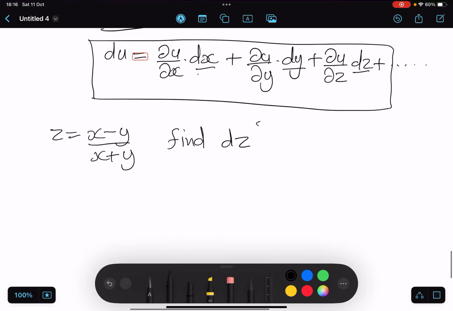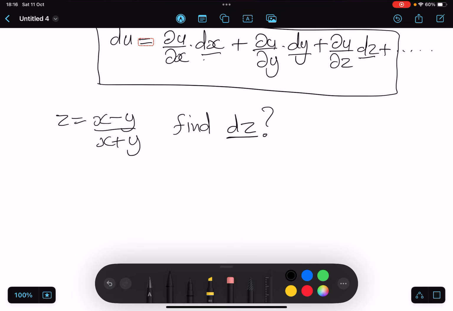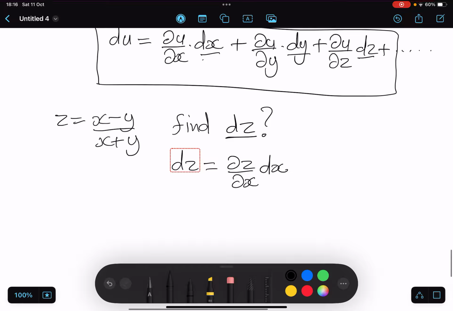So how do you find dz? In order for you to find dz here, you use the same concepts, which means dz is going to be equal to dz/dx dx plus dz/dy dy.